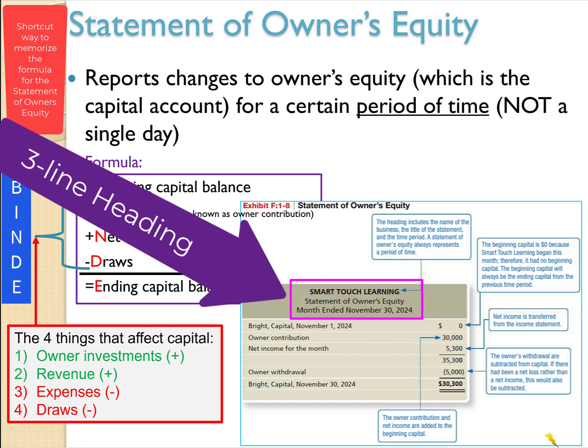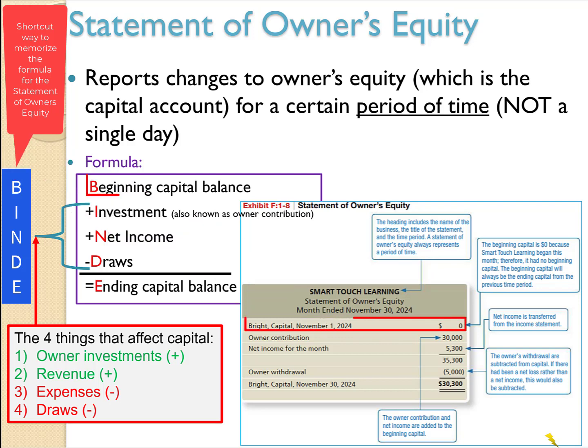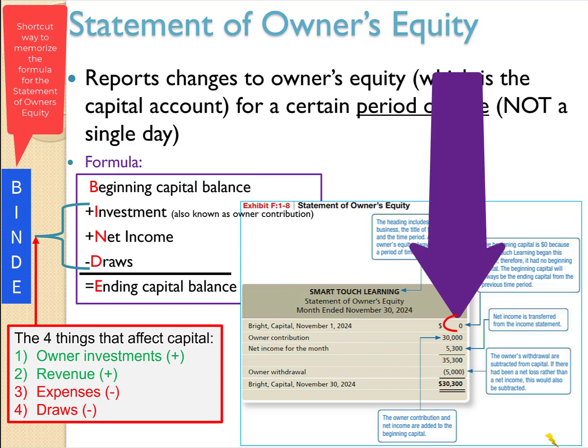It's for the month of November, so the beginning capital would be November 1st. That's why it says Bright, comma, capital, November 1st. That's another way of saying it's the capital at the beginning of the time period. So notice this company's capital, and the company's called Smart Touch Learning, they started with zero capital. So they probably started their company brand new on November 1st, 2024.